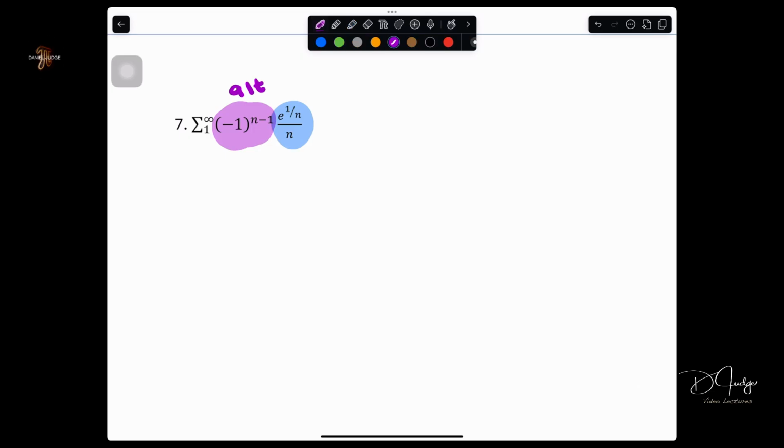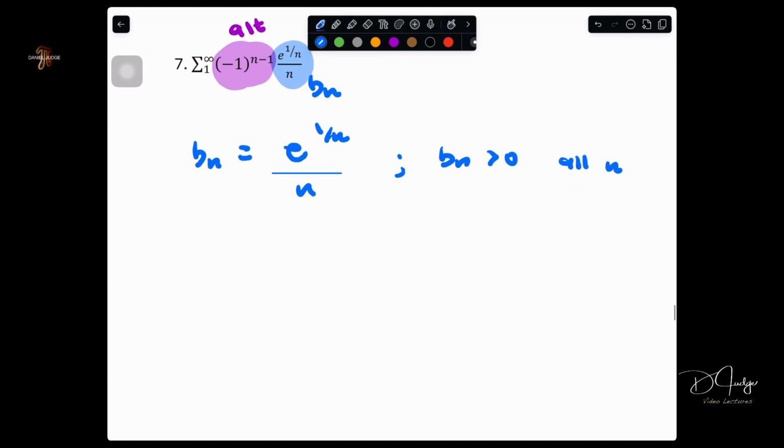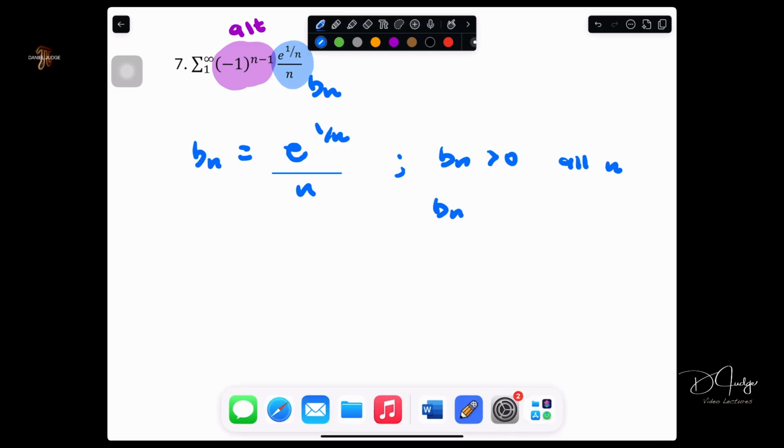We got our b_n. b_n is e to the 1 over n, over n. b_n is positive for all n. And b_n, let's see if this is increasing or decreasing now.